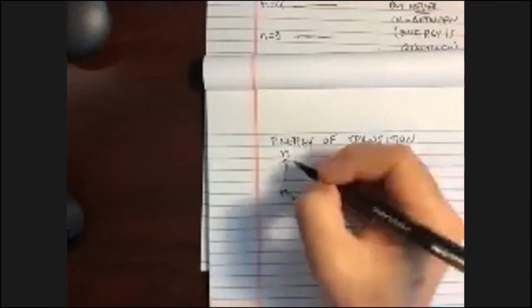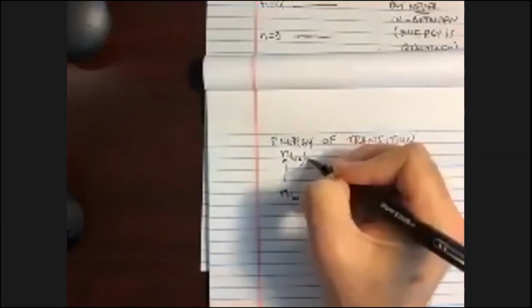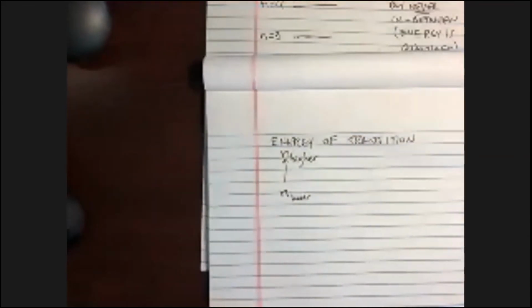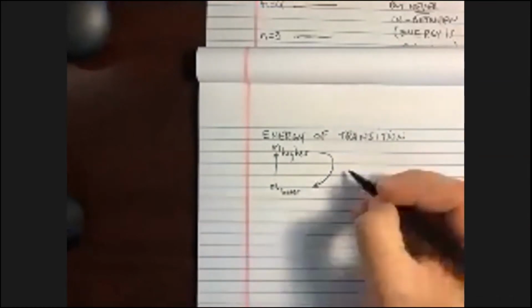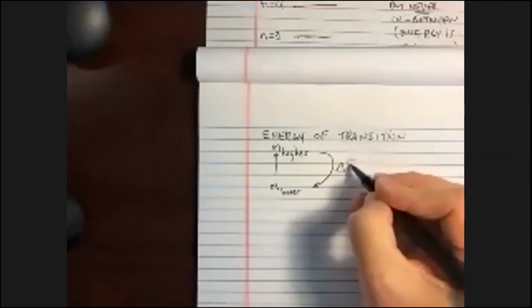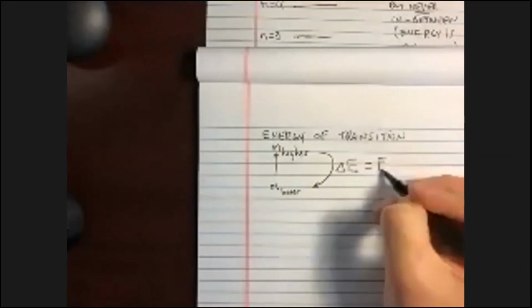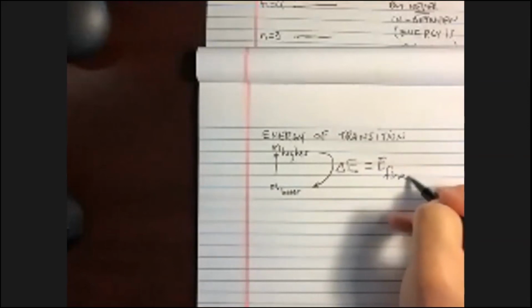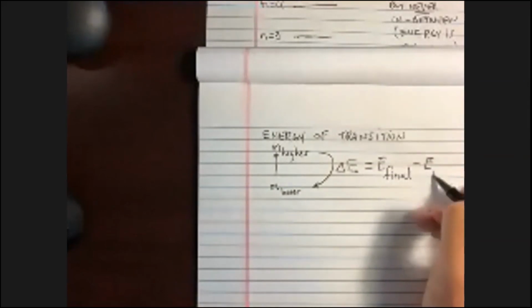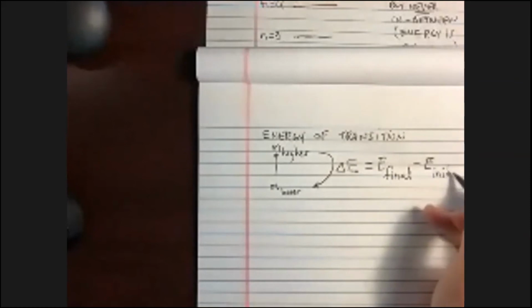So this is a lower orbit. This is a higher orbit. Oh gosh, sorry guys, it's getting creepy again on us. Hopefully it'll pick up in the next few seconds. And now it's going to return. And there has to be a change in energy, which as always is final minus initial.